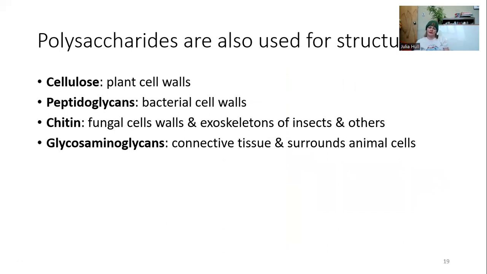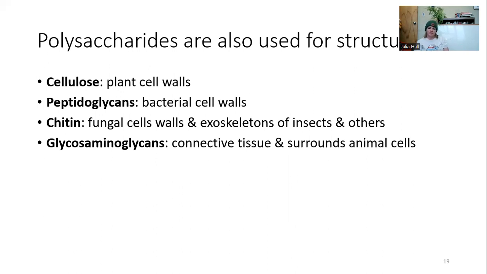And another job that polysaccharides do outside of the cell is that they're used for structure. And so cellulose is a bunch of glucose molecules hooked together in a beta bond. And that's one of the reasons that wood is hard, because of this structural polysaccharide carbohydrate.